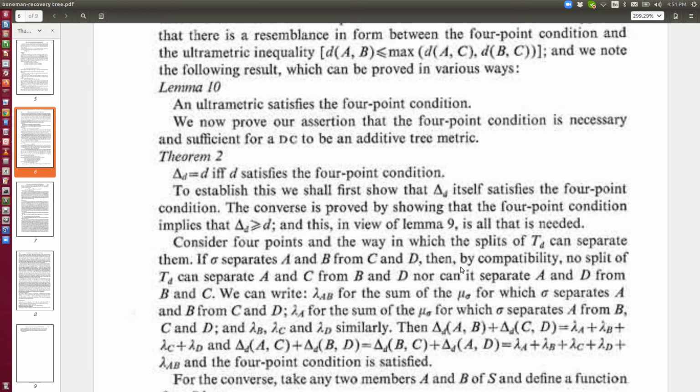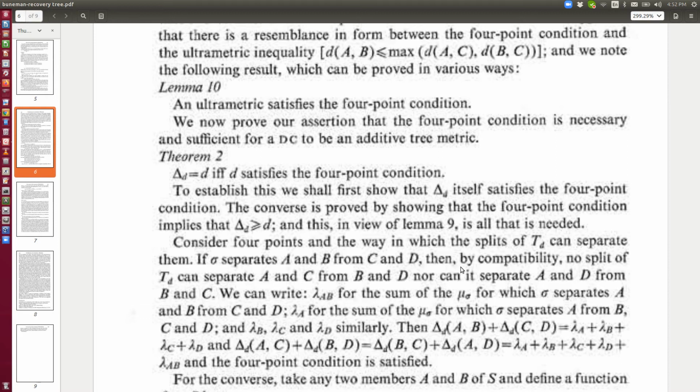I'm going to continue to talk about this Buneman graph, actually Buneman tree, and this will be my last video on this paper. Basically, I'm going to complete the proof of this theorem 2.